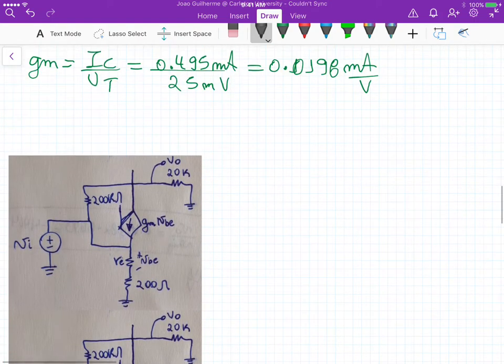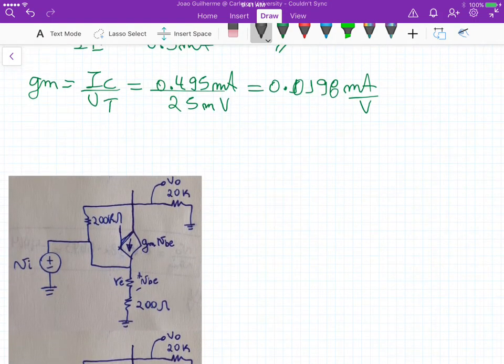If we want to obtain this voltage VBE at this particular node, we know that we have VI applied. If we do a loop analysis here, we can see that this voltage VBE is actually a voltage divider between re and the resistor of the emitter, right?